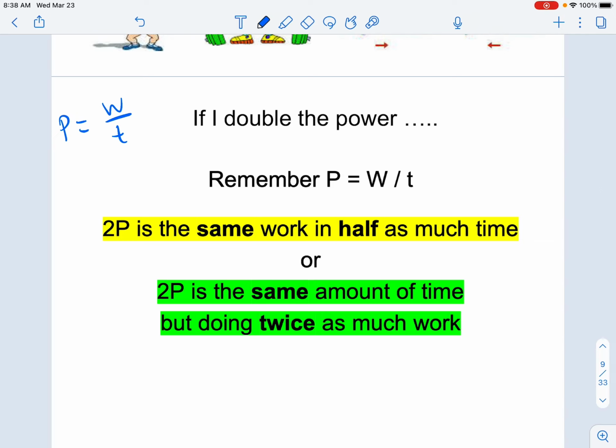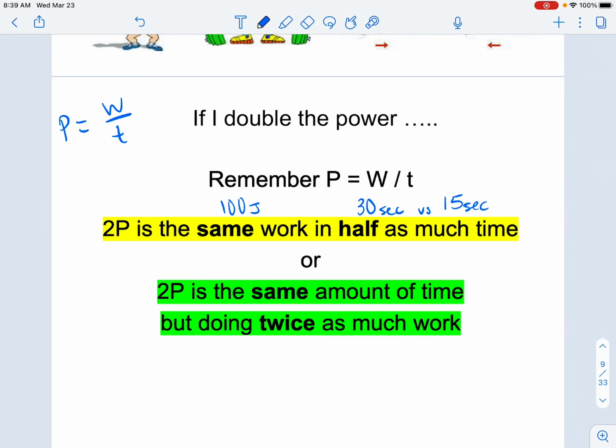So if I have person A and they perform 100 joules of work, and then person B also performs 100 joules of work, in order for me to determine who is more powerful, the person that does the work in less time is going to be more powerful. So if person A performs the work in 30 seconds and person B does the same work in 15 seconds, person B is more powerful because it was less time.